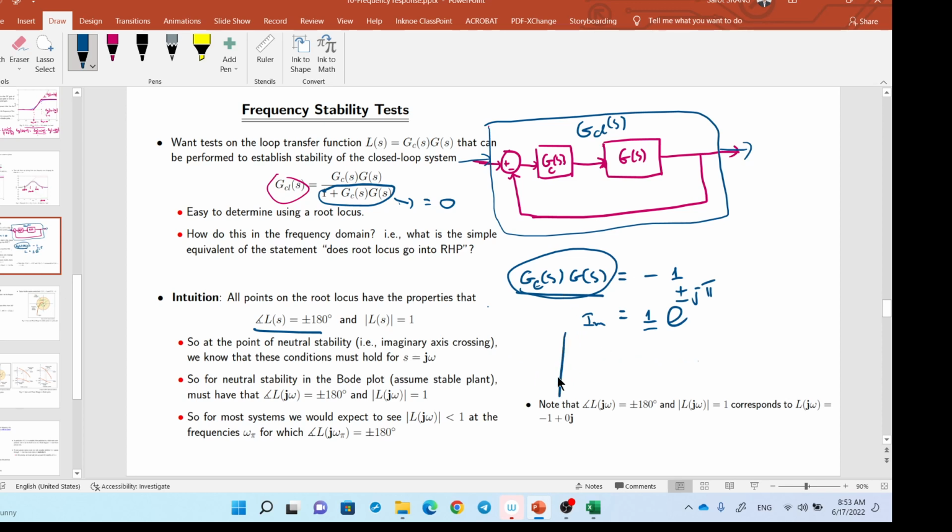Actually, neutral stability is like this. You have real and imaginary axes here, and all s that satisfy the equation, the crossing. Because the s that satisfy this equation are called the poles of the closed loop. So if those poles are on the imaginary axis, then the system is at neutral stability.